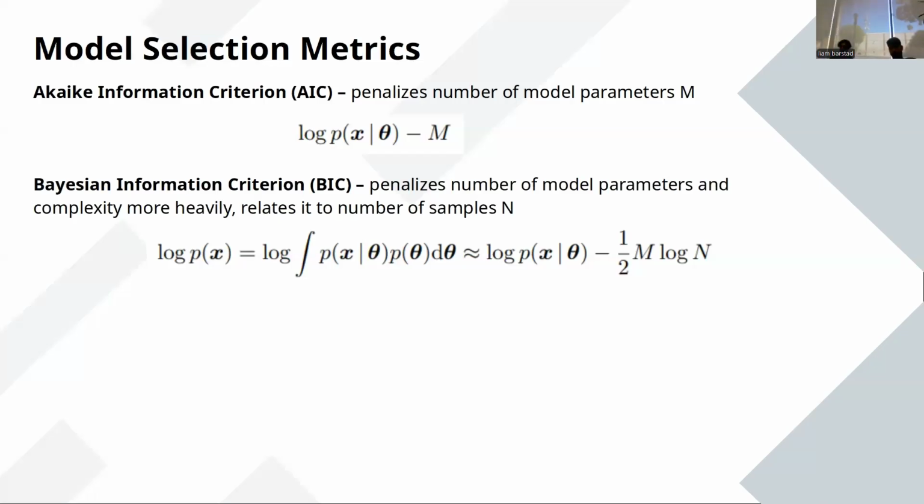Oftentimes you will see, oh, I added this and my AIC BIC went up a little bit. That means it is a slightly better model. You still could choose the slightly worse model because it's simpler, but you know that this is a slightly better model. If you just start throwing things in and the AIC and BIC go down, then what it really means is that you're probably just overfitting on noise with these other features, and it's actually not helpful.